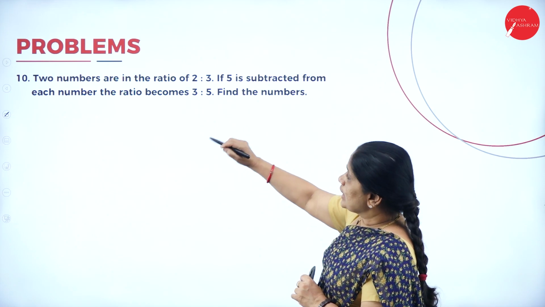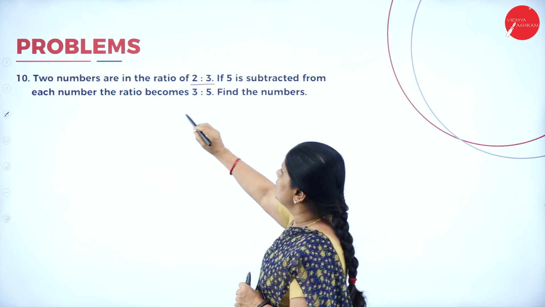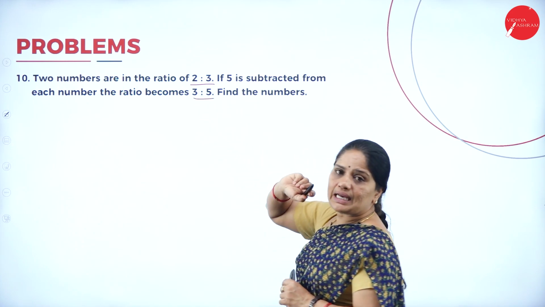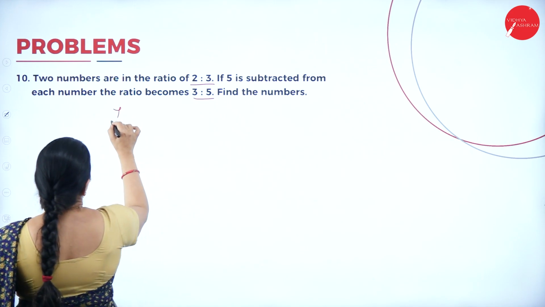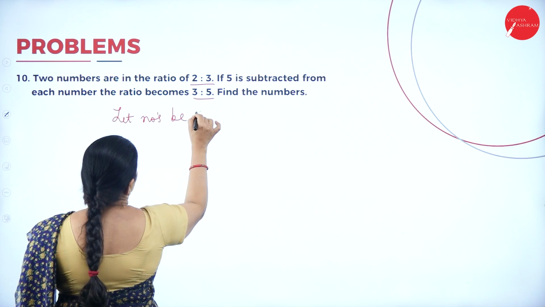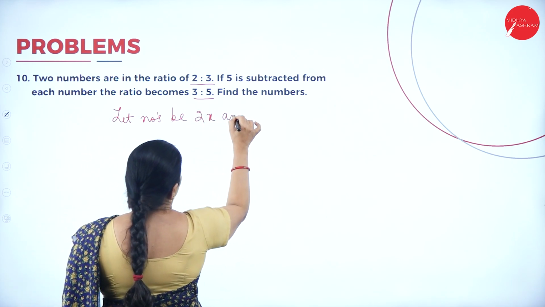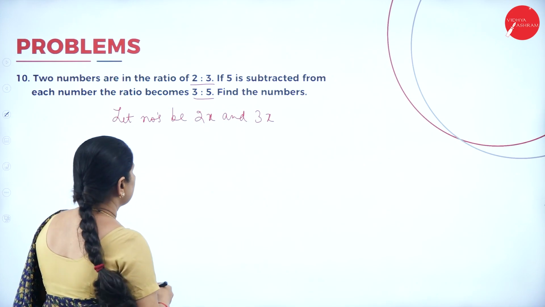Then, two numbers are in the ratio of 2:3. If 5 is subtracted from each number, the ratio becomes 3:5. Find the numbers. So, let the numbers be 2x and 3x. Now, what is given here?